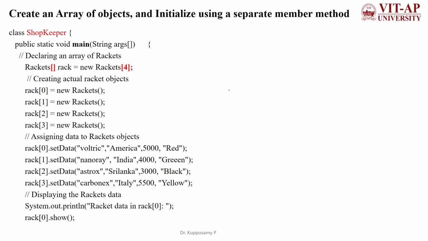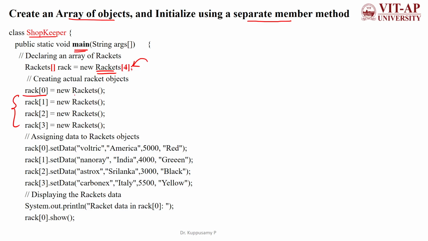And another method to create an array of objects and assign the values is by using a separate member method. So here Shopkeeper class is created and main method is created. In the main method we are creating array variable by using the class Rackets. The length of the array is 4. As usual, we are creating the 4 array objects.